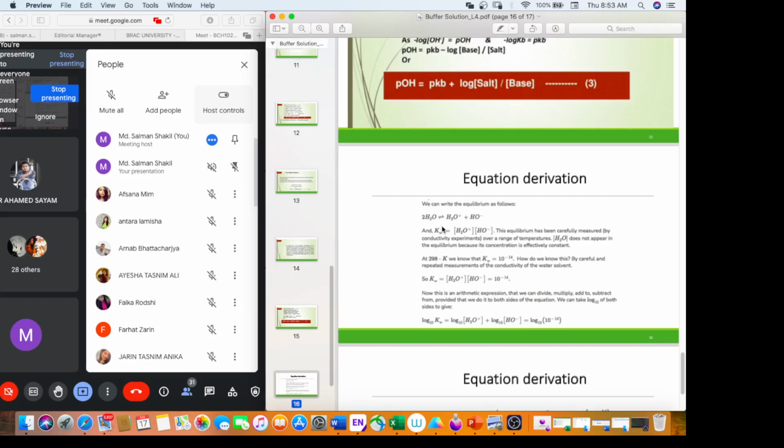Now we know the water dissociation constant equals to this part, the concentration of the hydronium ion into OH ion divided by water concentration, right? Is it clear? As the water concentration doesn't change, that's why we exclude the water concentration from the denominator. Clear? So just we can write this. Clear now?